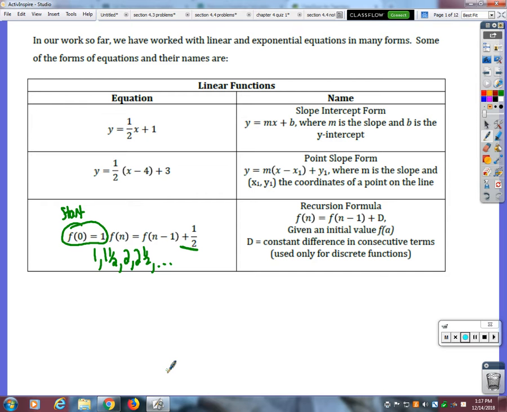In this case you would start at 1, and it says add 1/2, so the next one would be 1.5, and then 2, and then 2.5. Yeah, exactly like a table, it's a pattern. You're just adding a half each time.